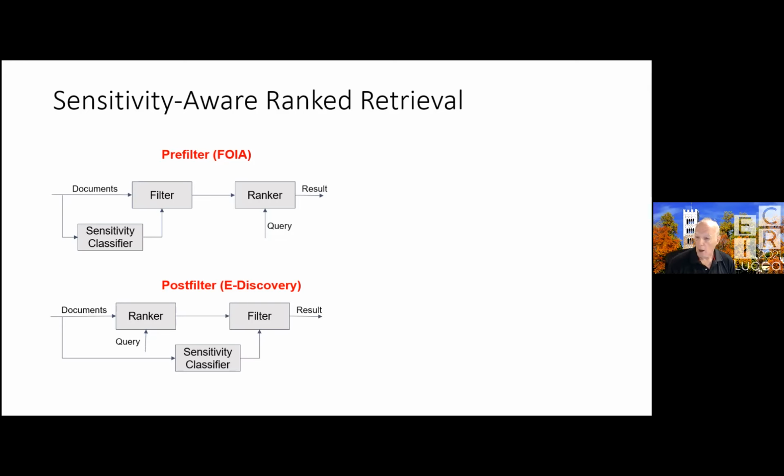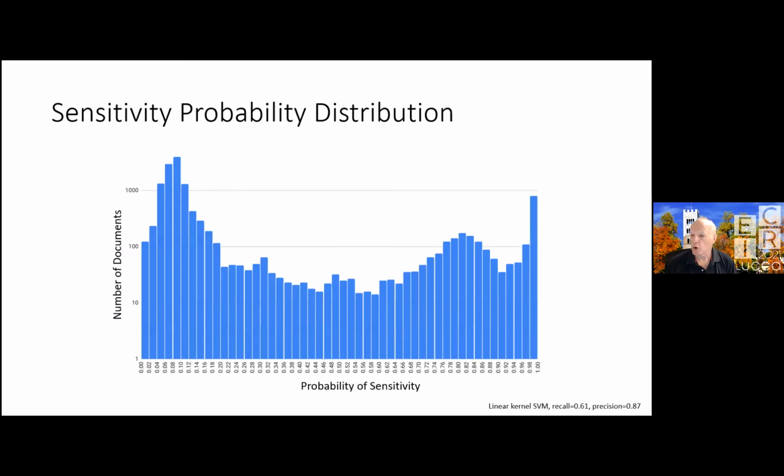So you can either pre-filter or post-filter. Those are fairly obviously the two approaches, but they're not the only two approaches, because the sensitivity classifier knows things that aren't used in these models. In particular, it knows the distribution of probability of sensitivity. So we show the sensitivity classifier a document, and it says it has a probability of being sensitive that's 0.96.